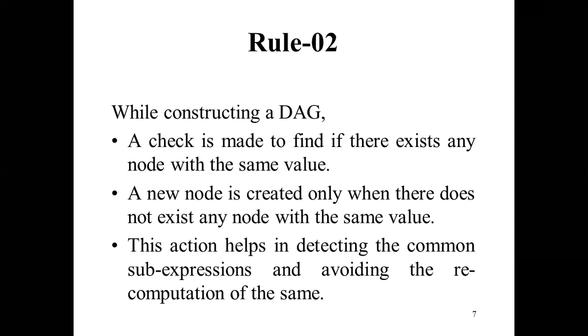This action helps in detecting the common sub expression, and avoiding the recomputation of the same. First we detect the common sub expression, and after that we avoid the computation of the same.